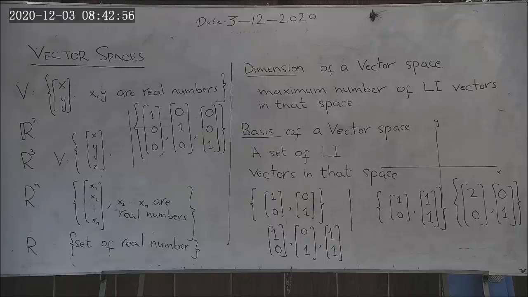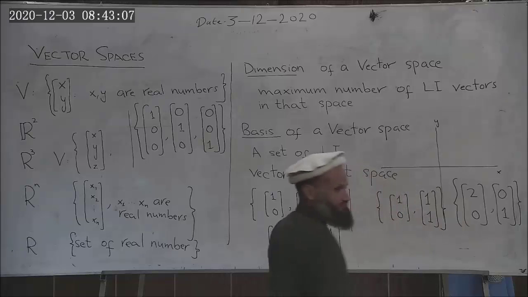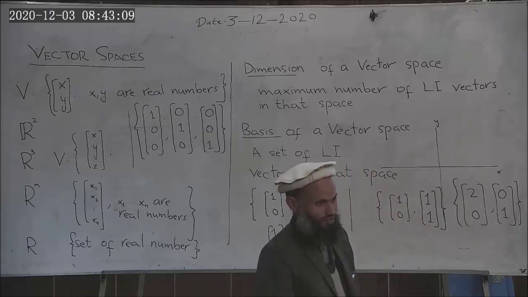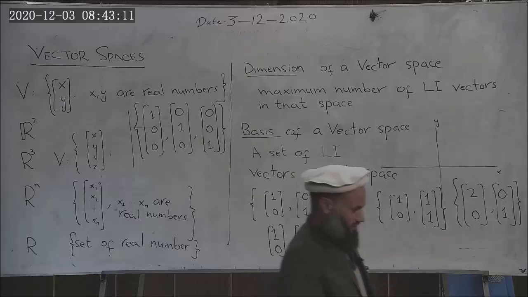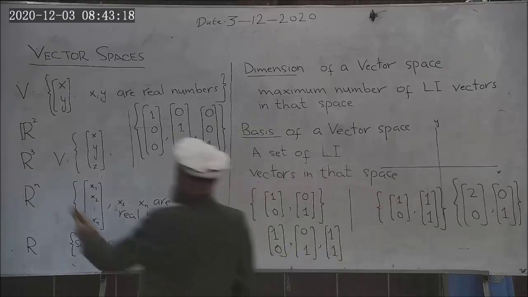Yes, definitely. The basis size is always a constant. The dimension of a vector space is fixed. So this is another important question, and we address it with the help of one example.